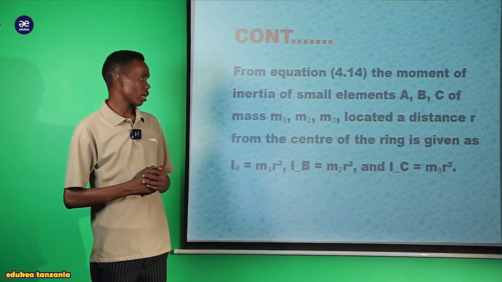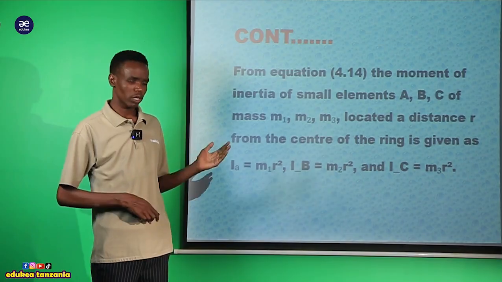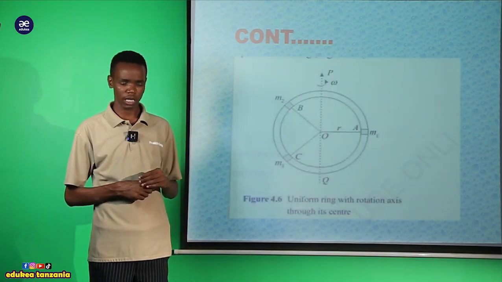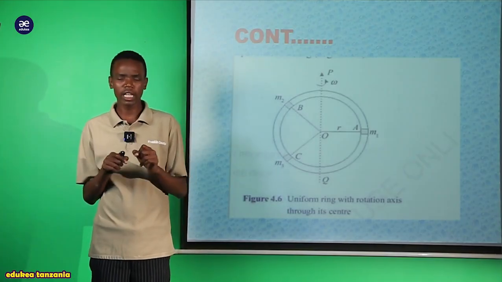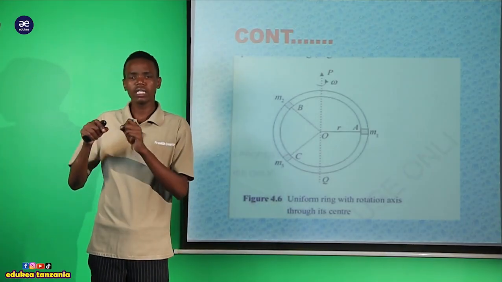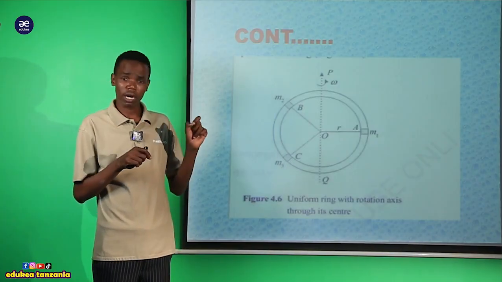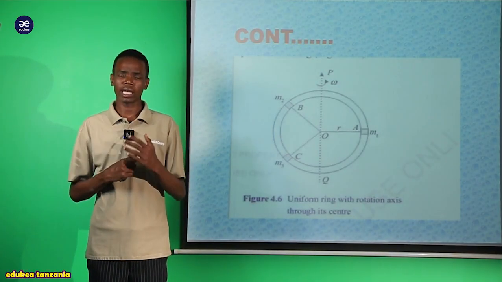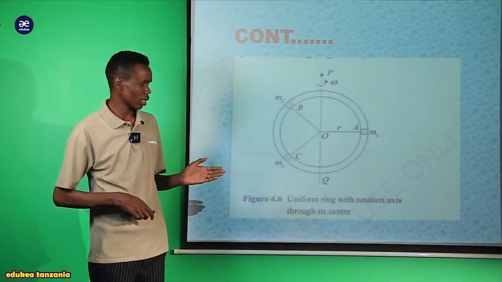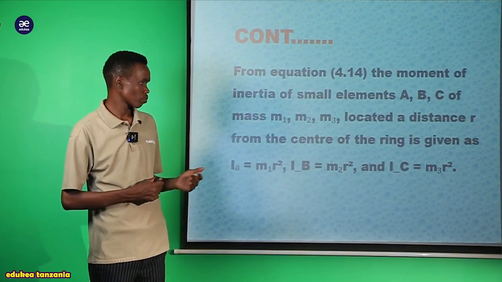That is what we try to observe. So as we see in the demonstration in our figure here, point A contains the mass 1, point B contains the mass 2, but finally point C contains the mass 3, as we try to observe here.